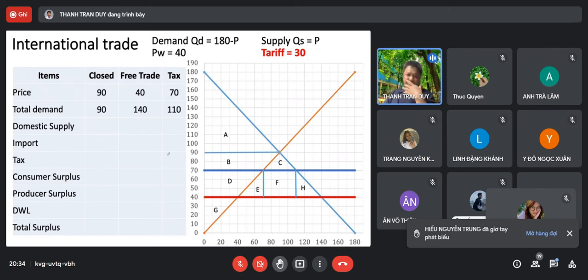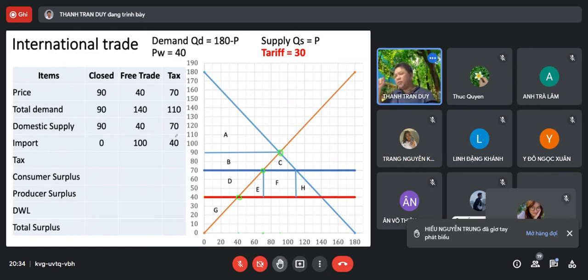In which the domestic suppliers can sell 90 if fully closed, 40 if it's free trade, and with tariffs it will be 70. So if we have closed economy, imports will be 0. Closed, we do not import. With free trade, we consume 140, local producers sell 40, so we import 100. And with tariffs we import 40.